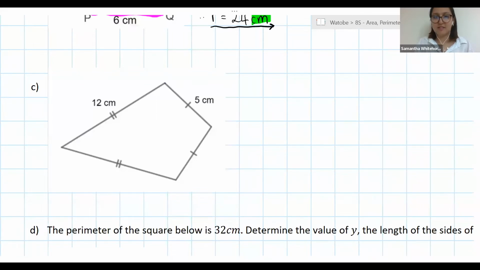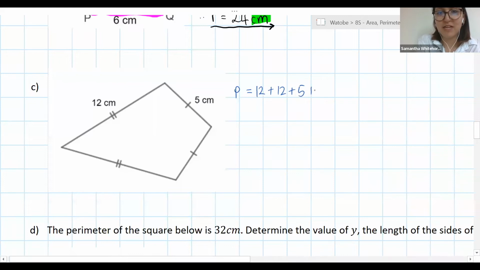Ma'am, the answer is 34 centimeters. Ma'am, I said 12 plus 5 plus 12 plus 5. It gave me 34 centimeters. Perfect, well done.